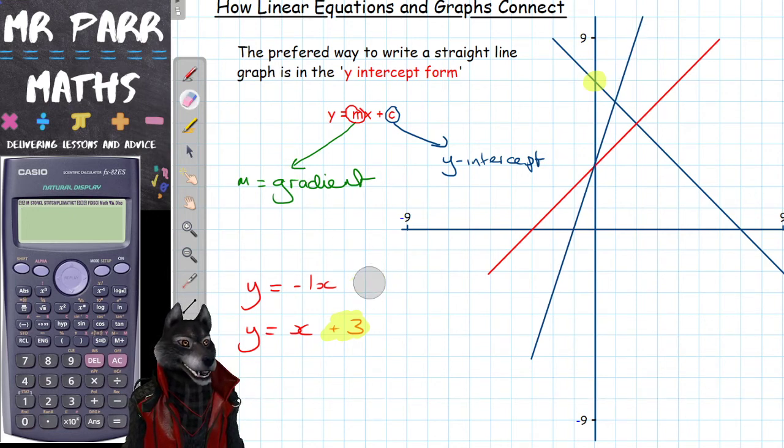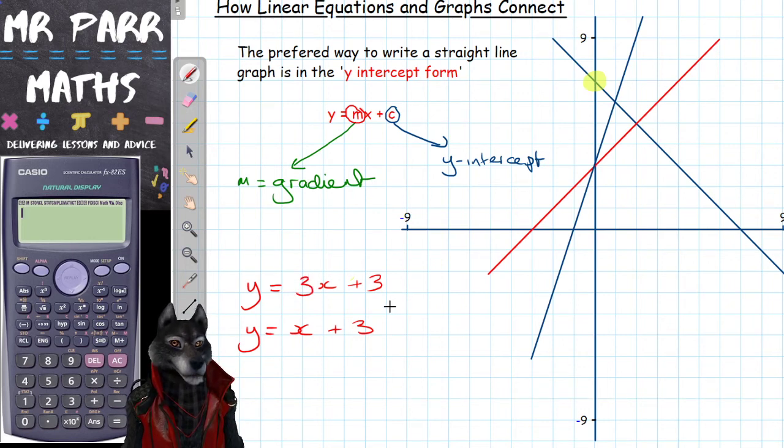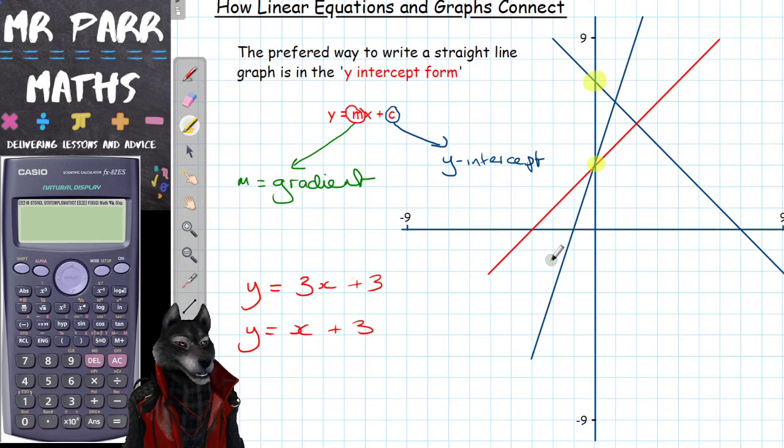Just quickly rub out these y-intercepts to make them the same. Which is which now? They've both got the same y-intercept, so that can't differentiate them, because they both go through the same point on the y-axis. So it's got to be the gradient that tells them apart.